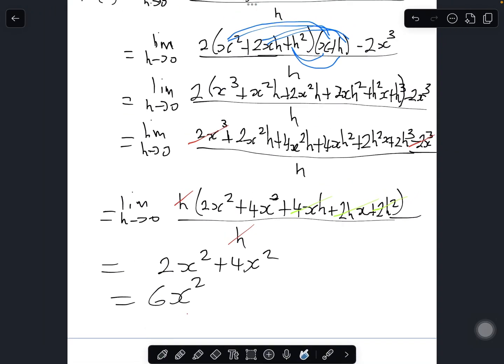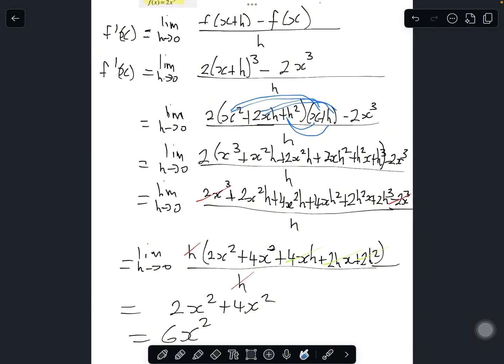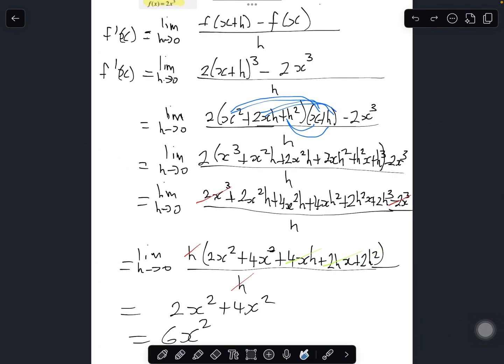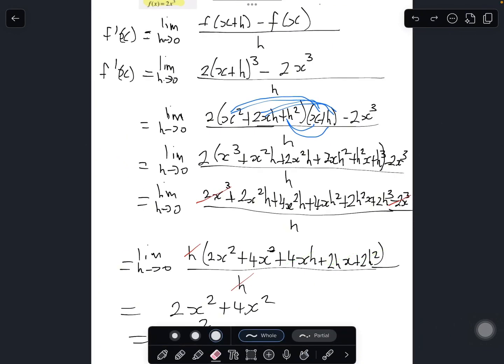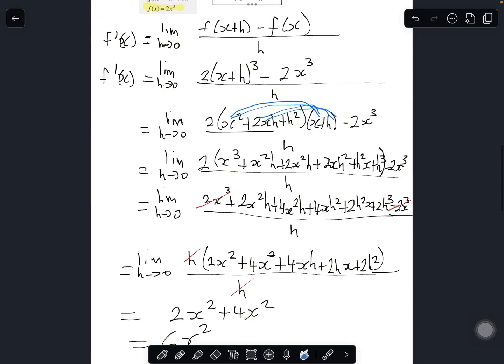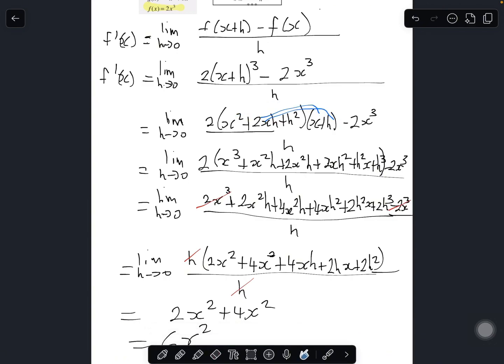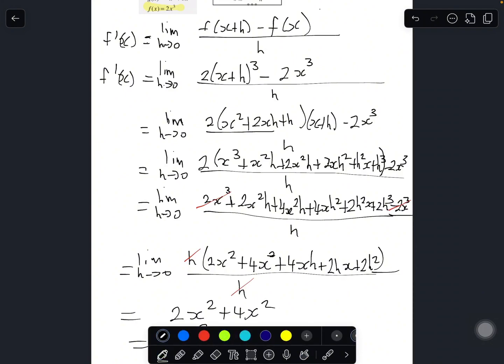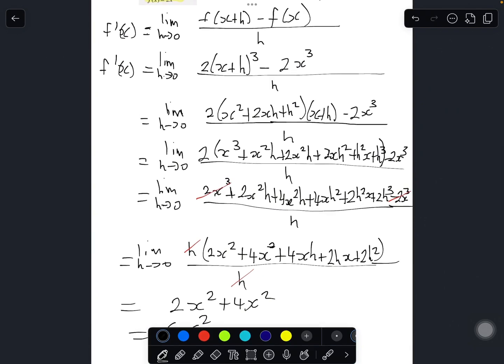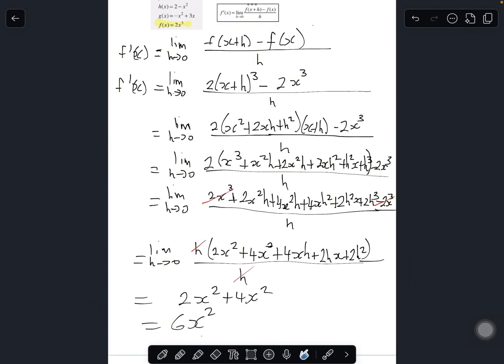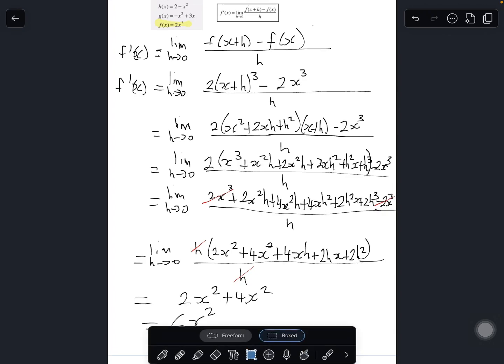If you just want to look at this whole question from start to finish, let me erase this for you. Now you can look at this whole question and see that we followed the same steps.